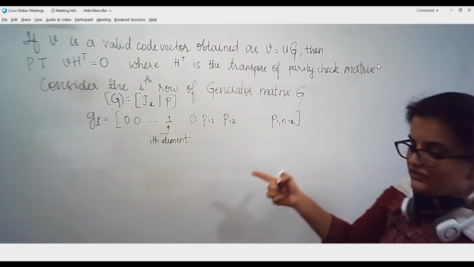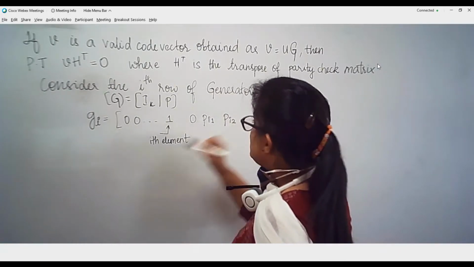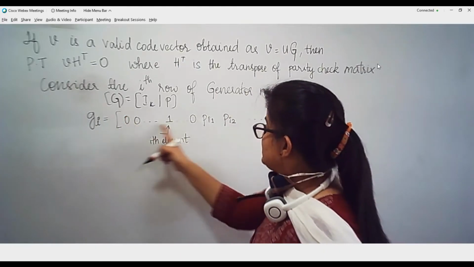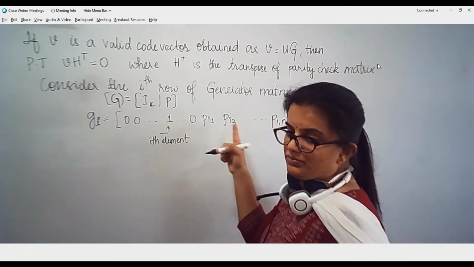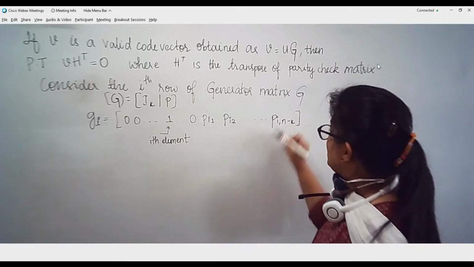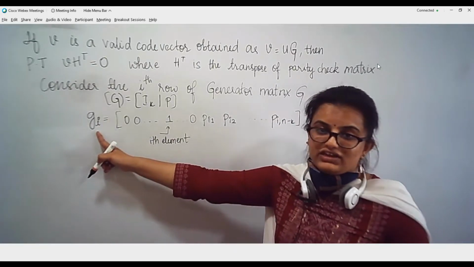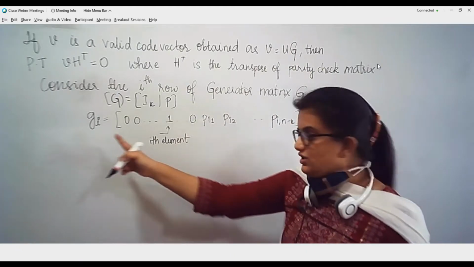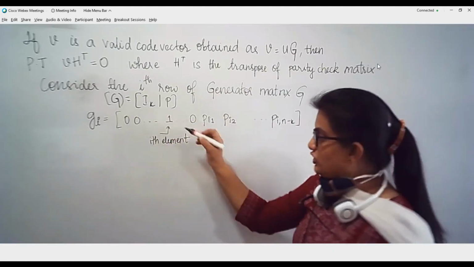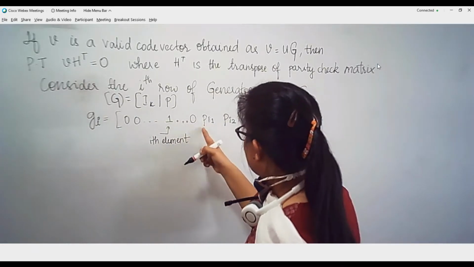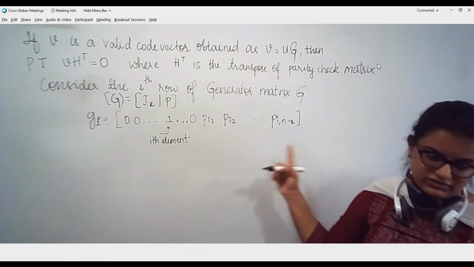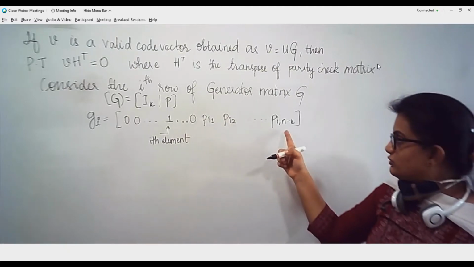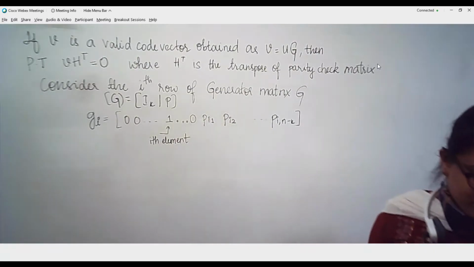In general, if it were the first row, you would write the 1 over here, that is, the first element would be equal to 1, rest all 0, followed by P11, P12, so on up to P1 comma n minus k. But here I have taken a generalized row where I have considered the row index as i. Therefore the ith element will be equal to 1, rest all zeros, and I am considering the ith row of the parity matrix, where the elements can be written as Pi1, Pi2, so on up to Pi comma n minus k.